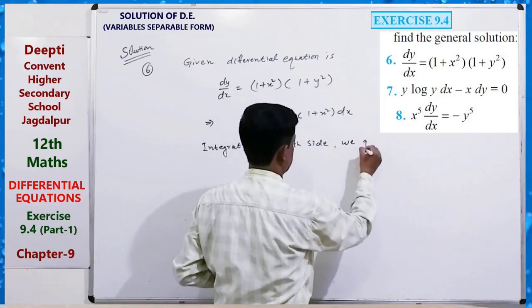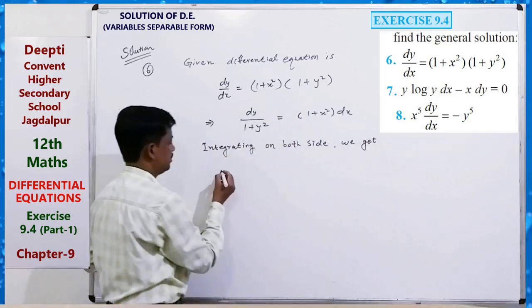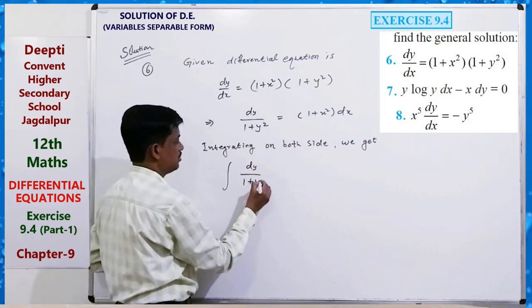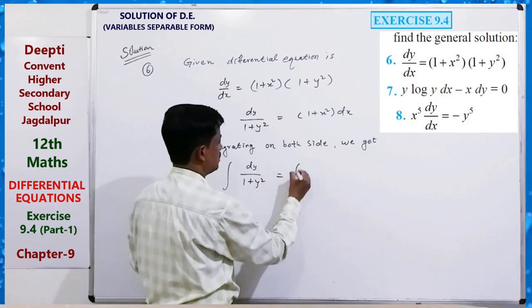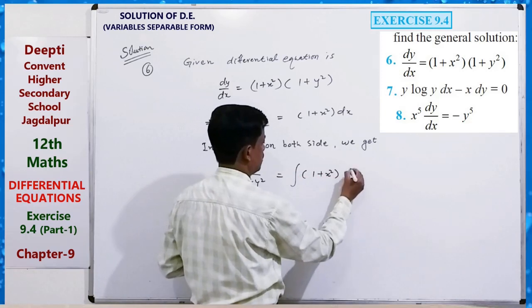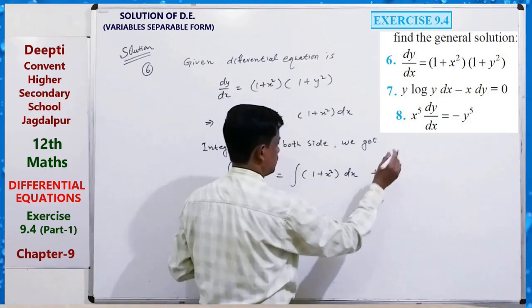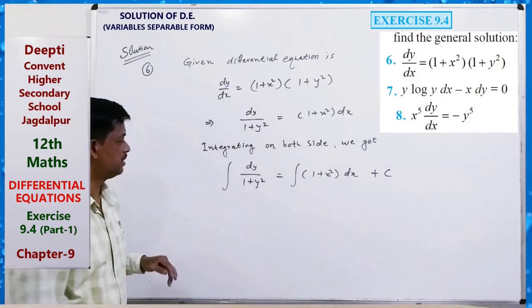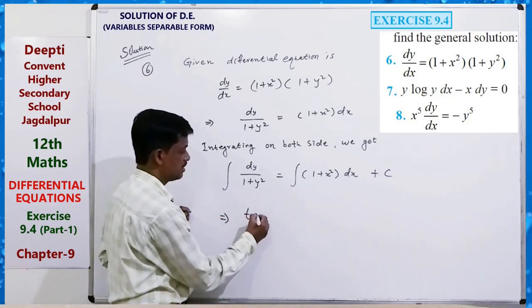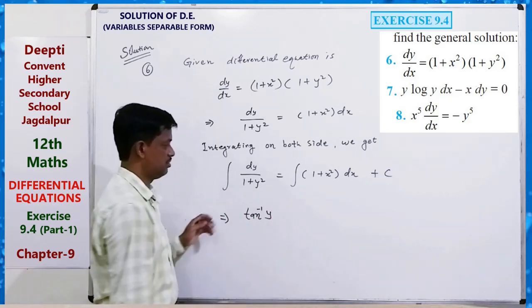We get the integration of dy upon 1 plus y square equals the integration of (1 plus x square) dx plus some constant. Just integrate directly. You know what this is?